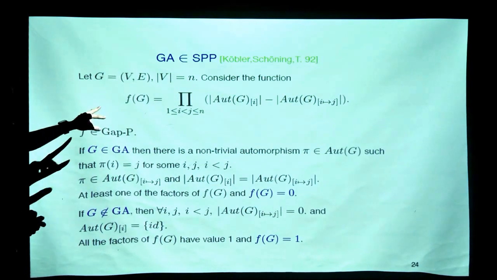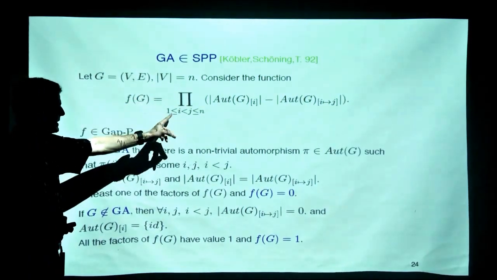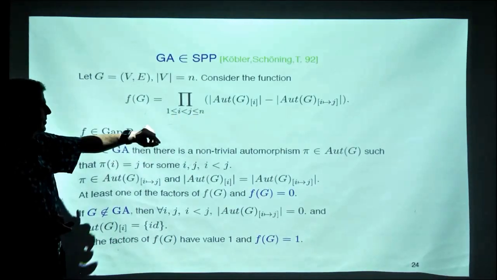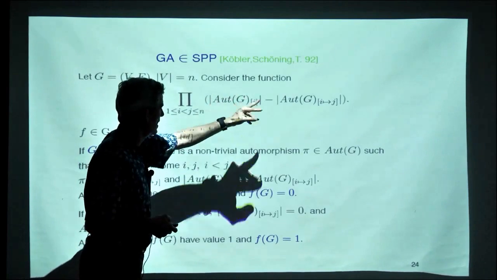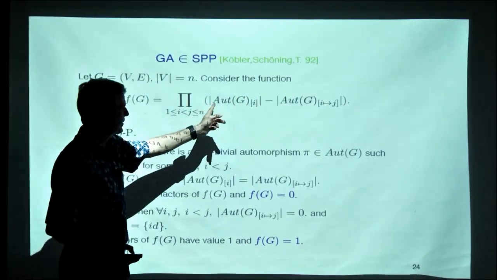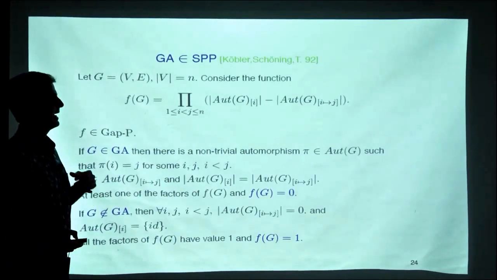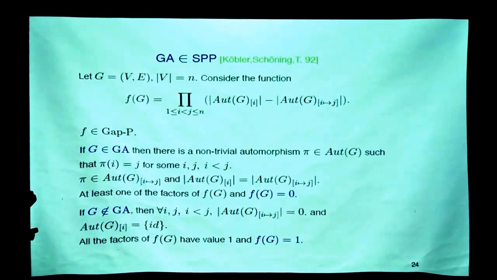So consider this function. We have a graph with vertices, and it's a big product of the difference of these two functions: the set of automorphisms fixing i, and the set of automorphisms mapping i to j.